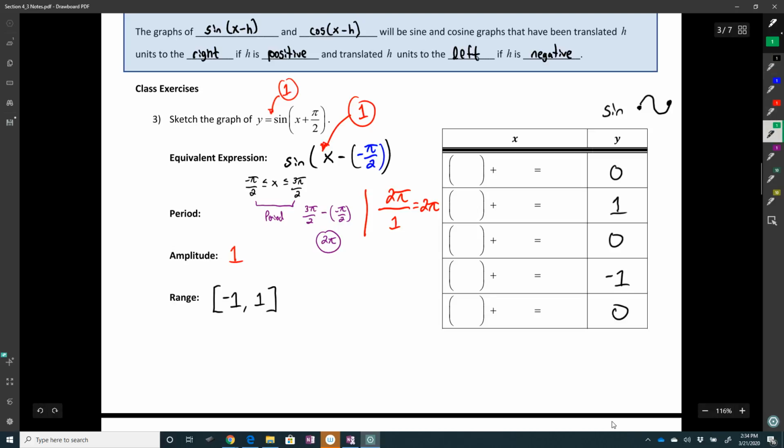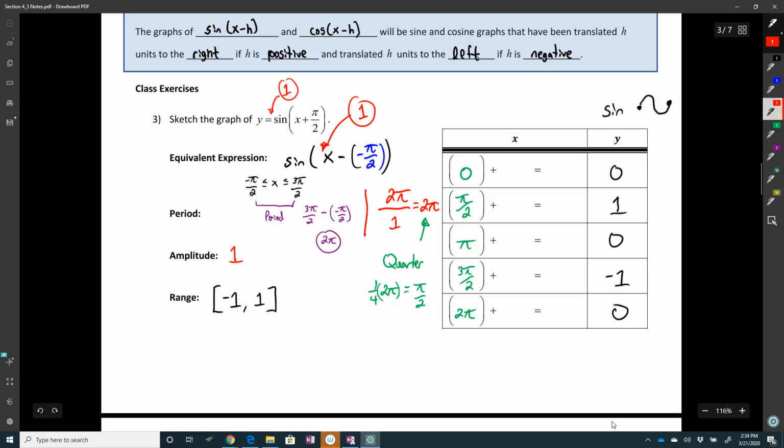And I almost forgot. If that's 2 pi, then the size of each quarter is just a fourth of that. And so that's pi over 2. So 0, pi over 2, pi, 3 pi over 2, 2 pi. And notice that I'm subtracting minus pi over 2.